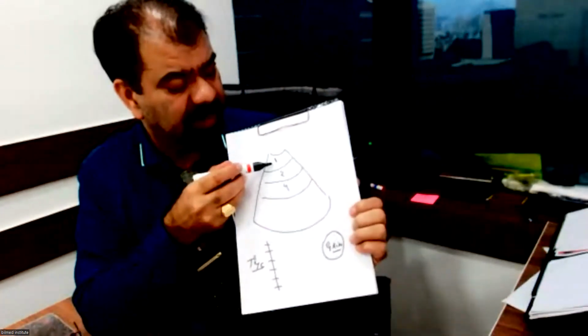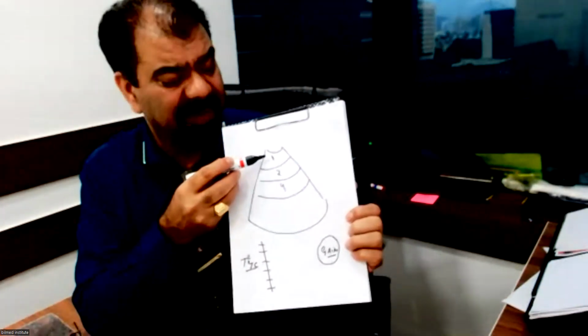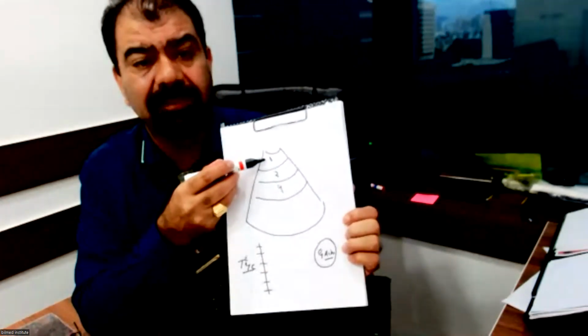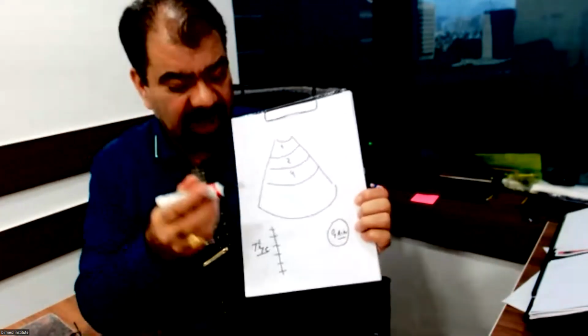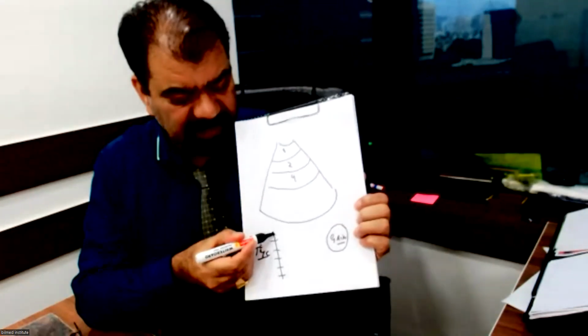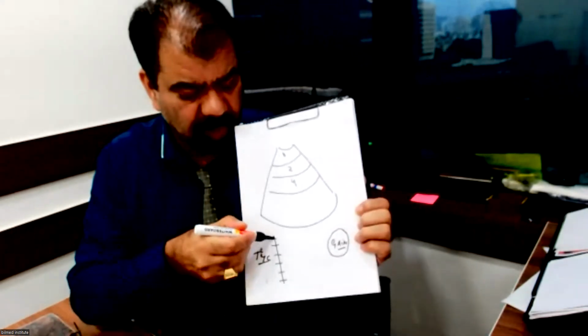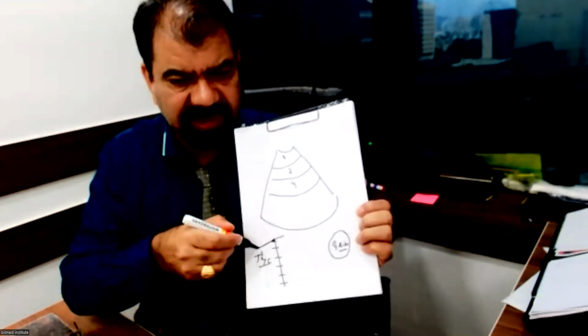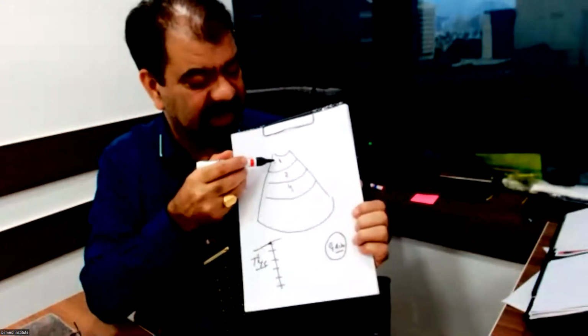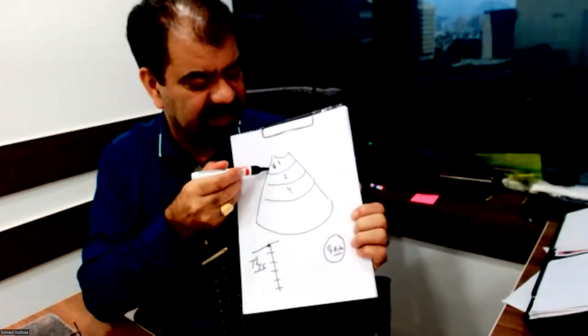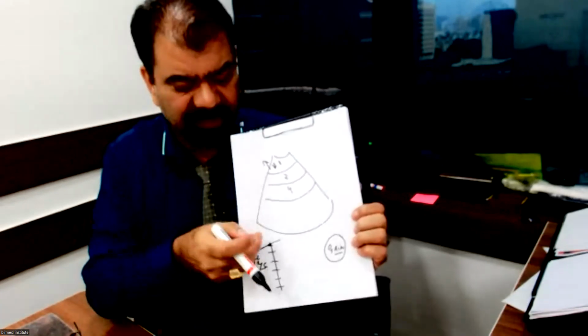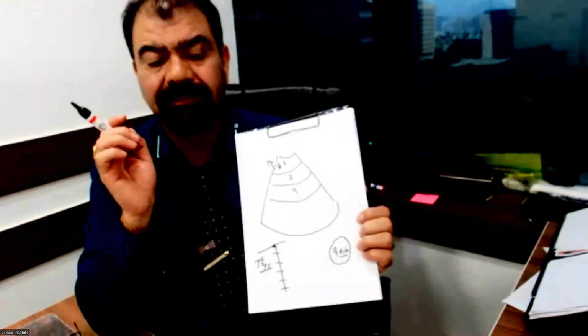Now, if I want to increase or decrease the gain of area number 1, I have to move this slider towards the right or towards the left. Then the gain of this area will decrease or increase depending on whether I am sliding this way or that way.